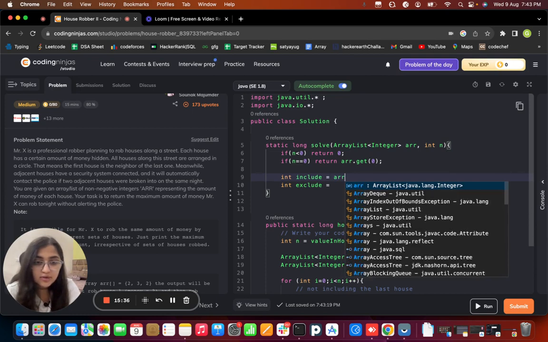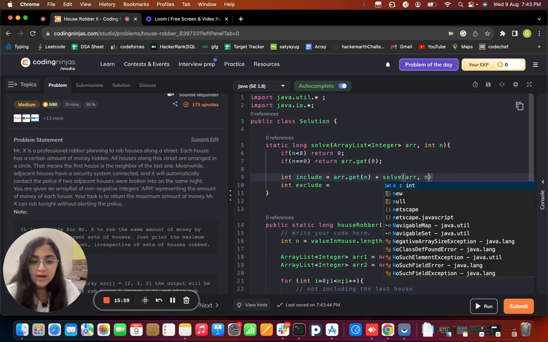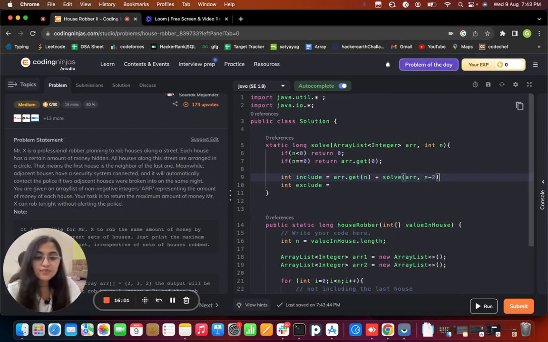So that will be array dot get at n, the amount that we get from the nth house, plus we are just going to add this amount and then call the function again, passing two parameters here: the array itself, and n will be n minus 2.